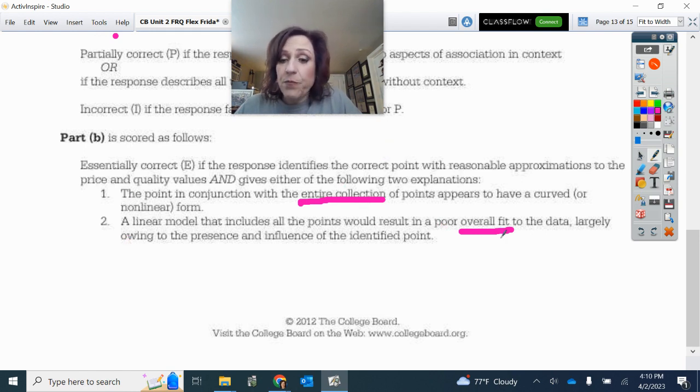Or you said it made a linear model a poor overall fit to the data. Both of the explanations that gave full credit had to discuss the impact of that point and how it changed the relationship of the line of best fit, or how it was inconsistent and very different, so that a line would be a poor overall fit.